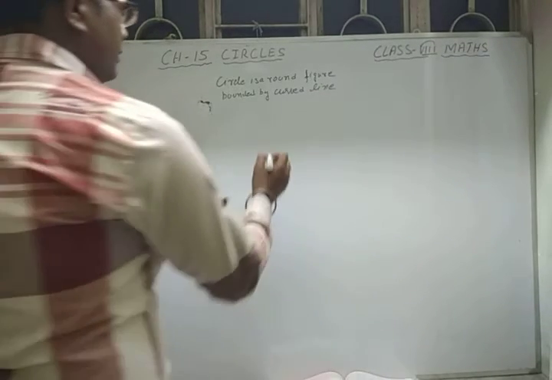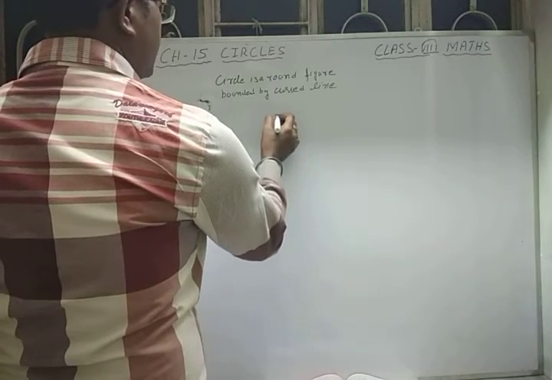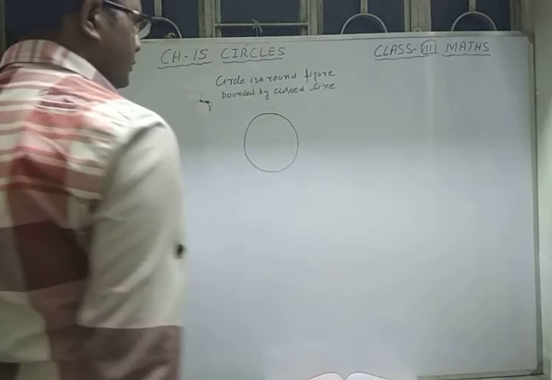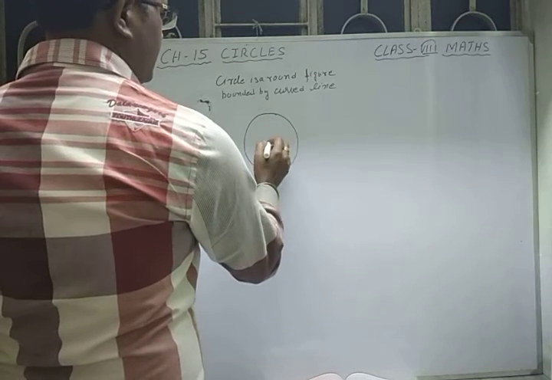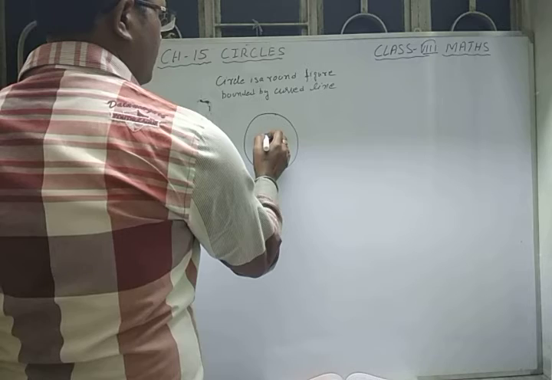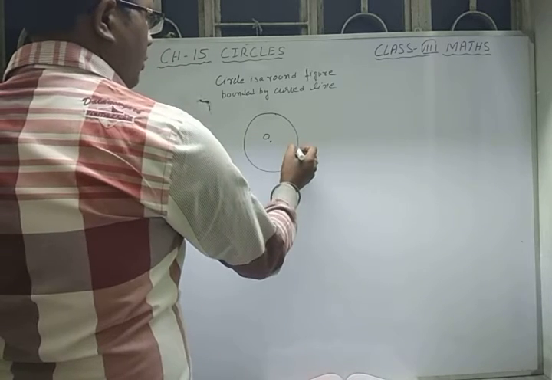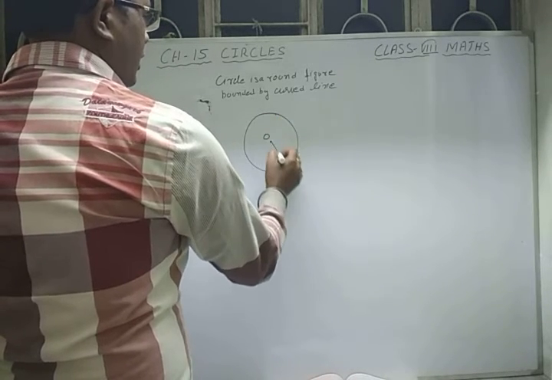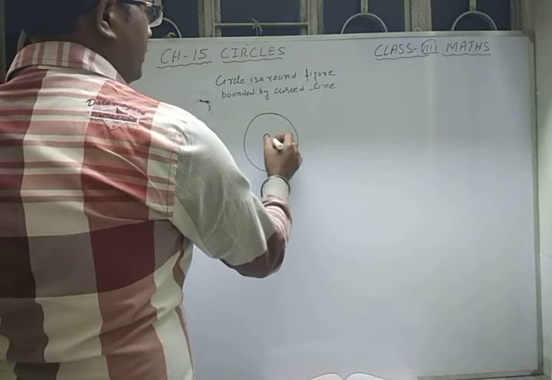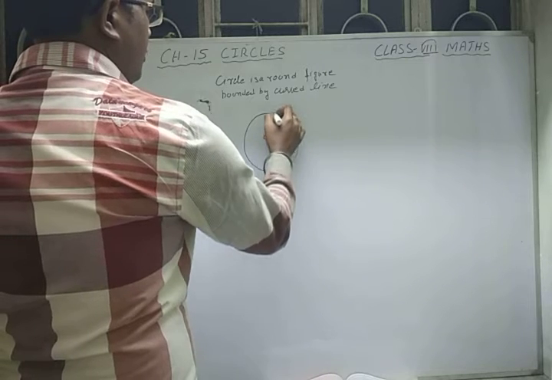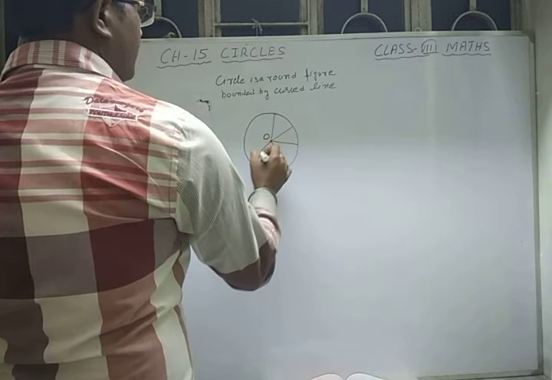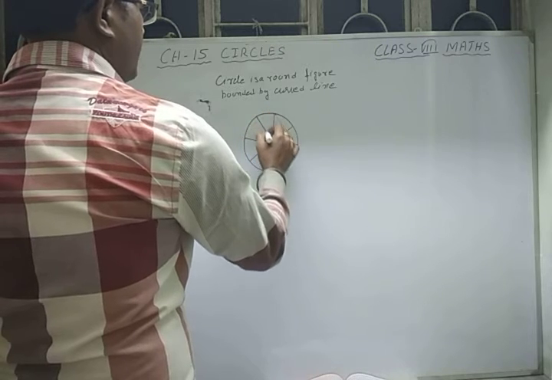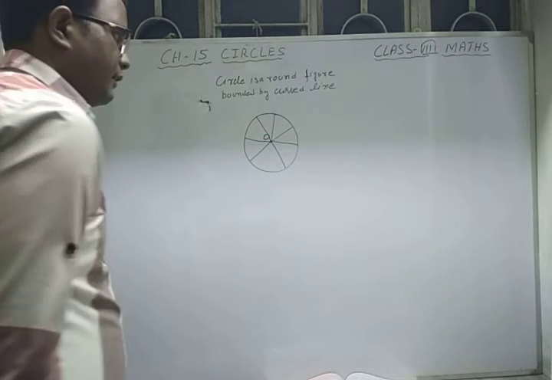What is that point? If we draw a circle like this, so if we take this point as O, then all set of points lying on this curved line are equidistant from the center. All these points are equidistant from the center.